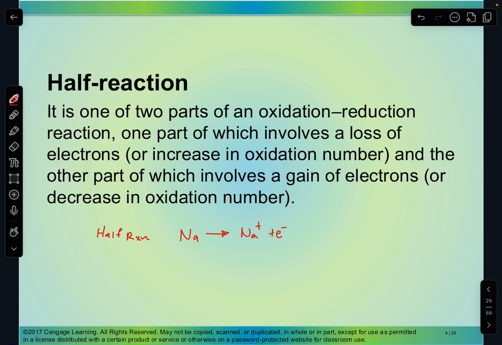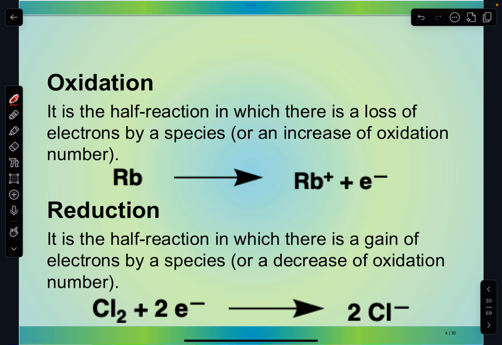Redox comes from reduction, oxidation. And so you must have the gain or loss of electrons in a half reaction. And so this is the definition. An oxidation is when the half reaction occurs and you are going to lose an electron.